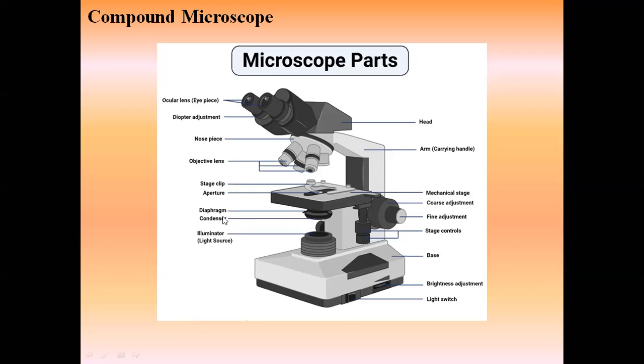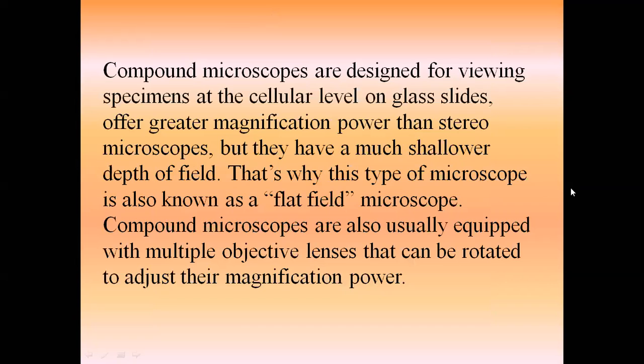Again, we have the condenser, diaphragm, aperture, and stage clip. Almost everything you have already gone through in the introduction class. So we'll come to the little theory portion of this compound microscope. It is designed for viewing specimens at the cellular level on a glass slide.